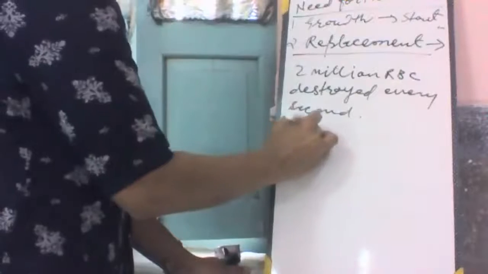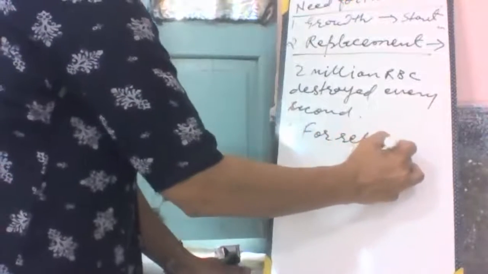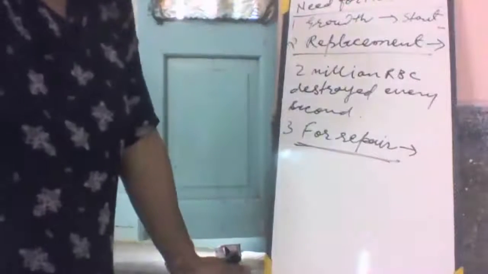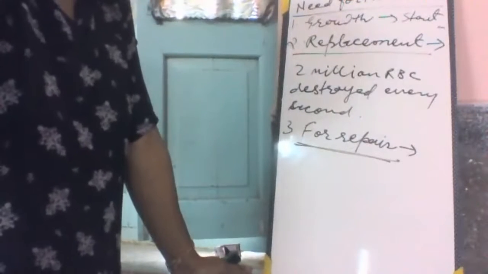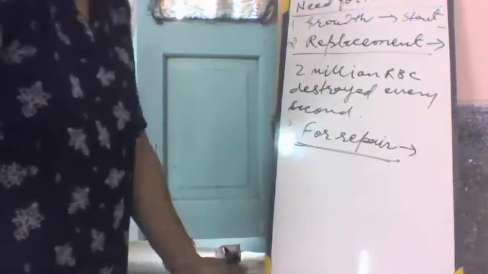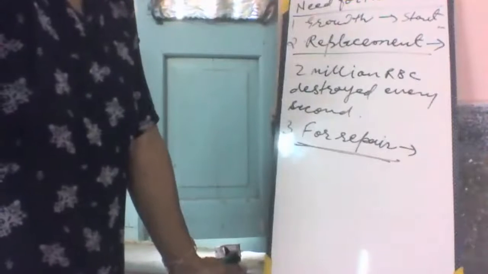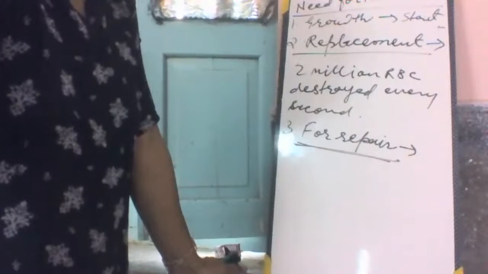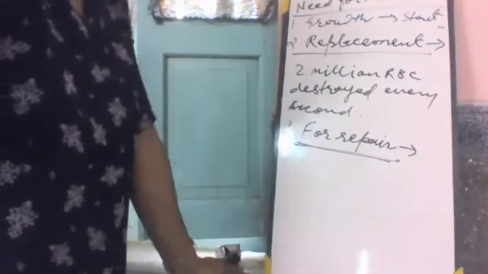And the third reason is for repair. Apart from normal wear and tear of tissues in the body, there may be accidental injuries. We may get injured by anything. One may get cuts on the skin or a fracture or any other injury.